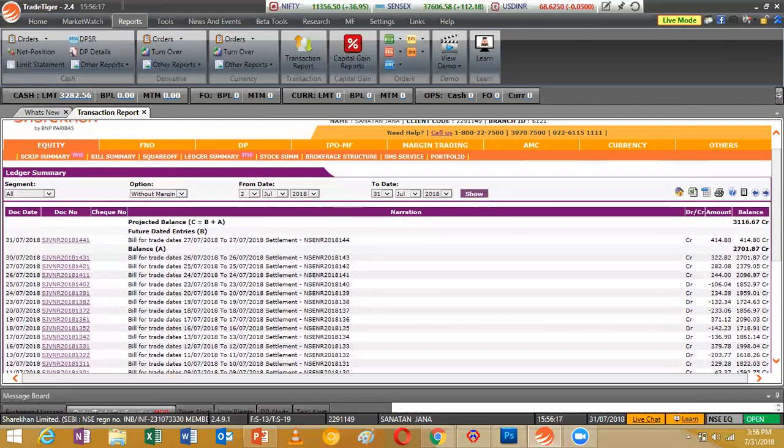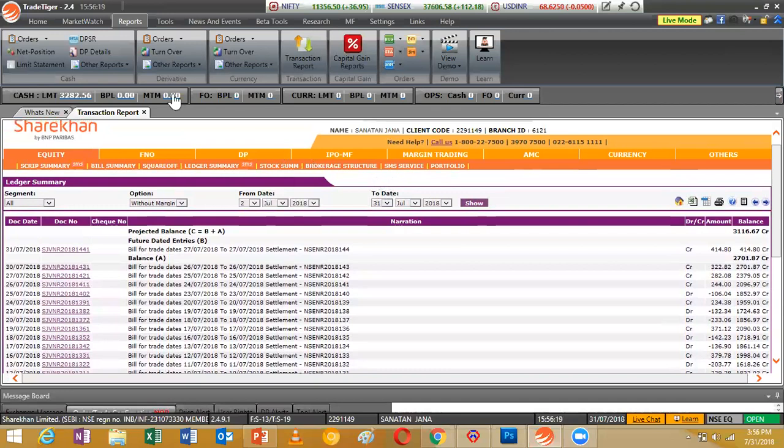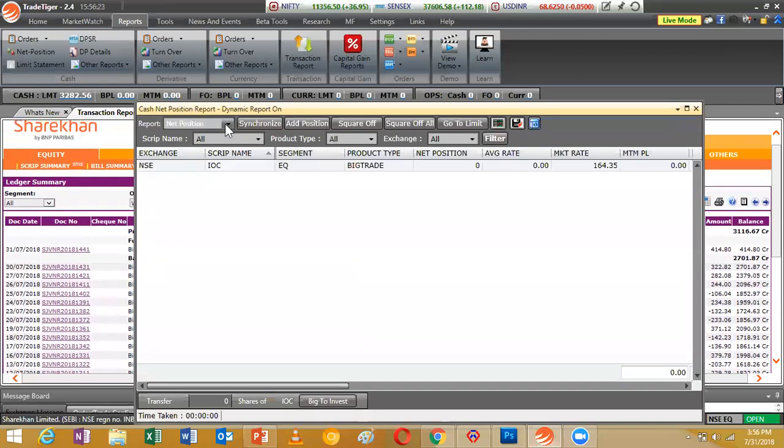Okay. We have taken one trade today also, but it has not given any profit today. You can see the market rate is this, and MTMPL is your profit loss, that is zero, booked profit loss zero. So today we have booked at zero loss, only brokerage will be going for today.